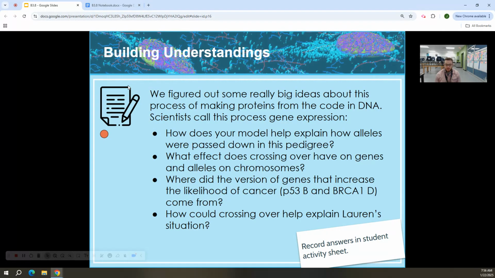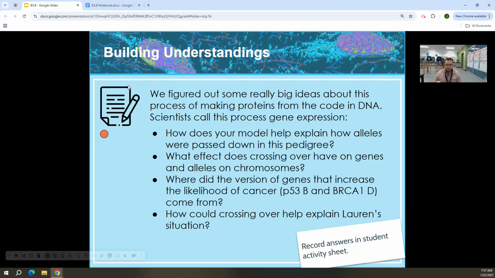What effect does crossing over have on genes and alleles on chromosomes? This is a hint for the last question. After reading about crossing over and modeling it using your pipe cleaner, think about how that process can occur randomly within my cell at any time.